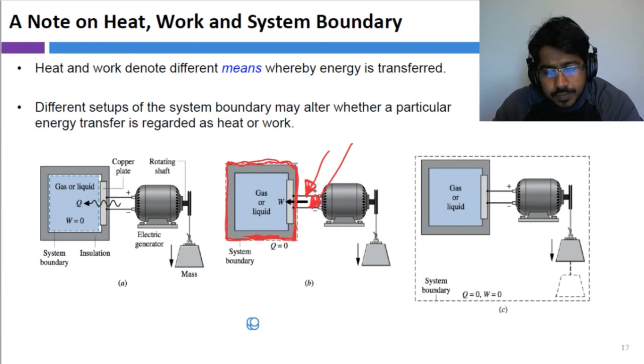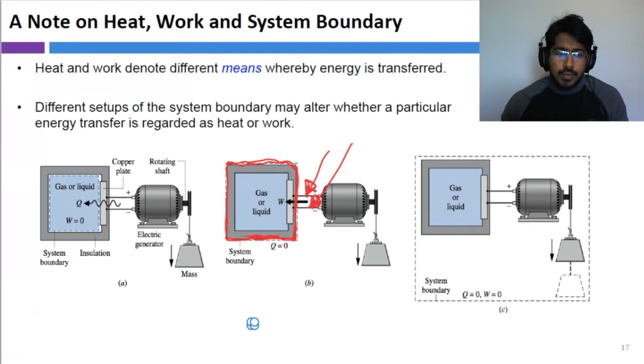Is it heat or work? It is work. Why? Definitely we can say it is not heat transfer, because the energy transfer does not happen due to a temperature difference. But energy is crossing the boundary, so it has to be something. Now it is work. Some of you may be questioning, okay, the boundary is not moving, but still there's work done on the system, right?